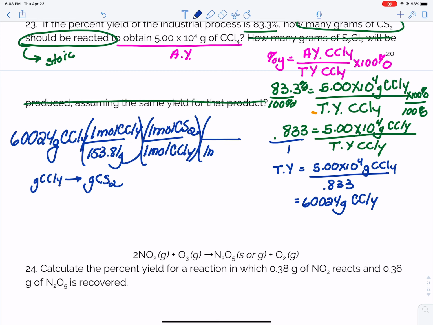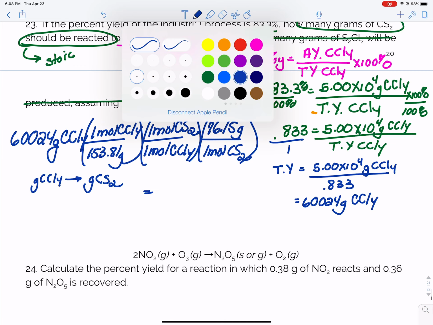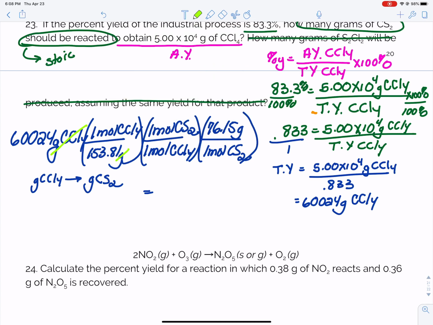And of course, 1 mole of CS2 has a mass of 76.15 grams. Multiply by the top, divide by the bottom. The units keep on canceling. And my answer comes out to be 29,717 grams of CS2.